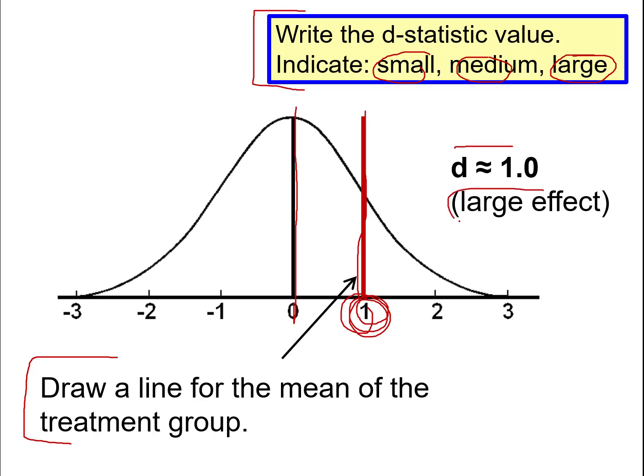So I'm going to write down here large effect. So I've drawn the line for the mean for my treatment group, and I've listed the size of my d-statistic. It's a d-statistic of 1, and I've listed that this is going to be a large effect. A d-statistic of 1 is illustrating a very large effect.